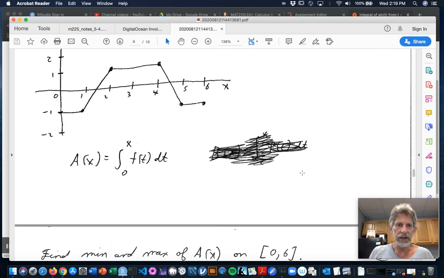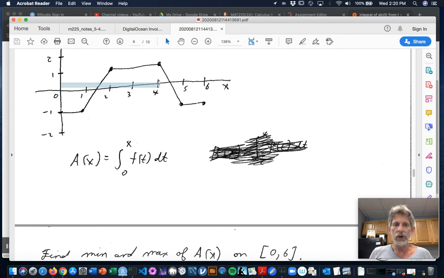On the other hand, look at the f function from 1.5 onwards for a while. It's all the way from 1.5 to apparently 4.5, the f is positive. And so if I take the area underneath my f curve from 0 out to some number that's between 1.5 and 4.5, well, the bigger I make my number, the more area I'll accumulate, because now I'm working with positive signed area over this integral.